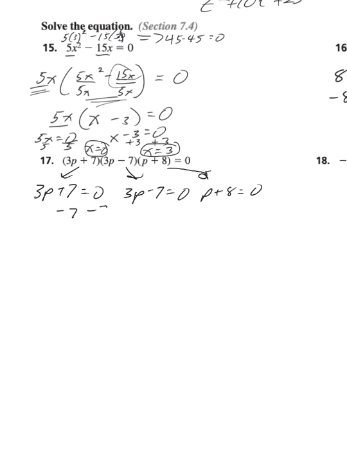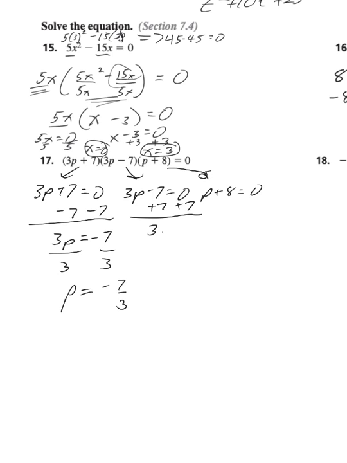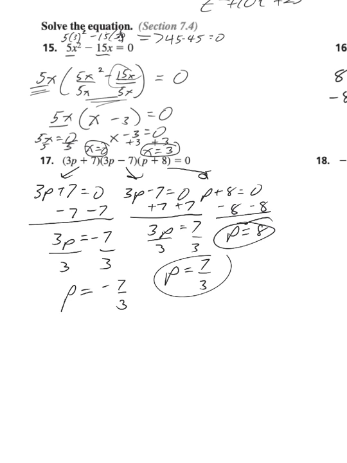Add 7: 3p equals 7, divided by 3, p equals 7 thirds. For the other factor, 3p plus 7 equals 0, subtract 7, 3p equals negative 7, divided by 3, p equals negative 7 thirds. And last one, subtract 8 from both sides, and then p equals negative 8. So those are our 3 answers.